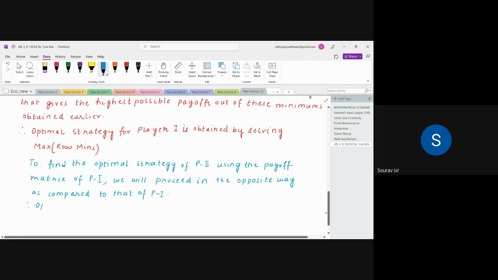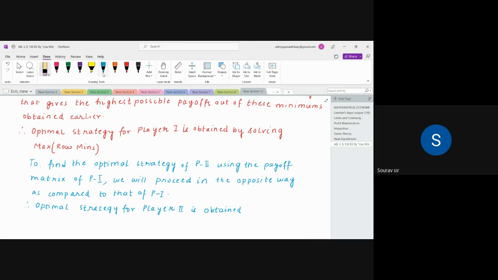Therefore, the optimal strategy for player 2 is obtained by solving the minimum of column maximums.